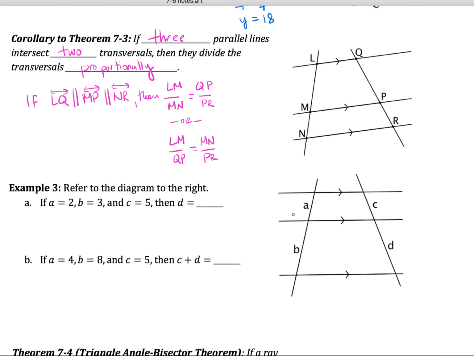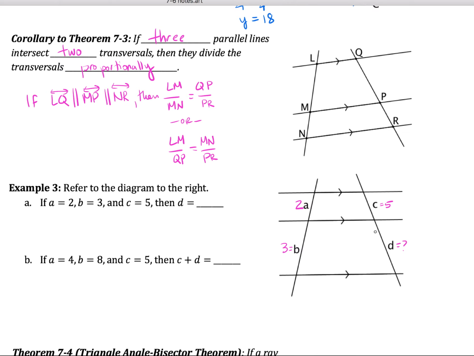Let's apply it to a diagram down here where we have 3 parallel lines, 2 transversals, and we have some segment lengths that we can put in this diagram. A having a value of 2, B having a value of 3, C having a value of 5, and then D being the side that we're trying to find.